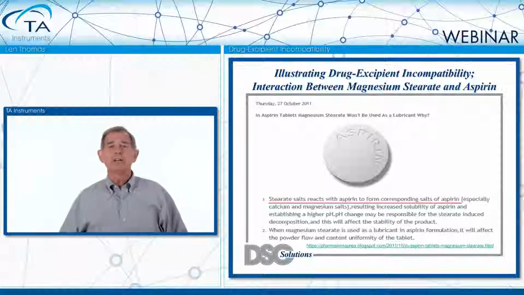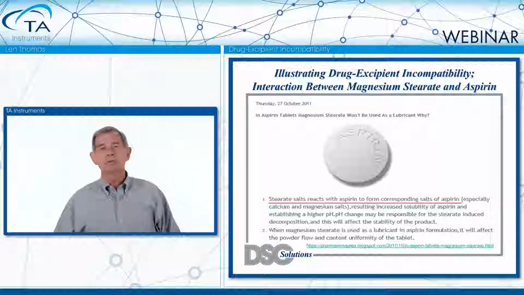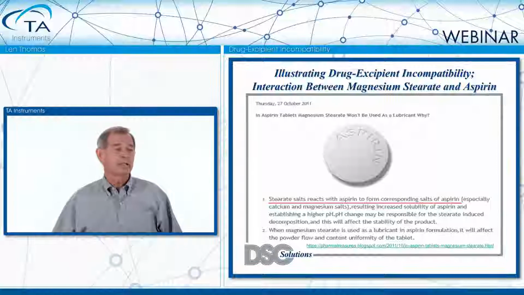In terms of illustrating drug-excipient incompatibility, we're going to use probably the classic example of this issue between drug and a potential excipient. There are numerous papers in the literature on it, and here we're looking at one of the websites. I think this was called Pharma Treasures.